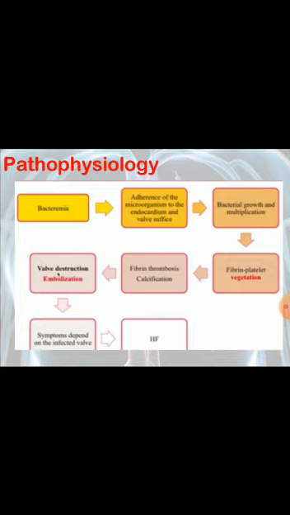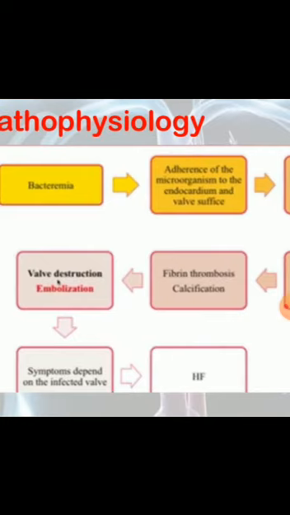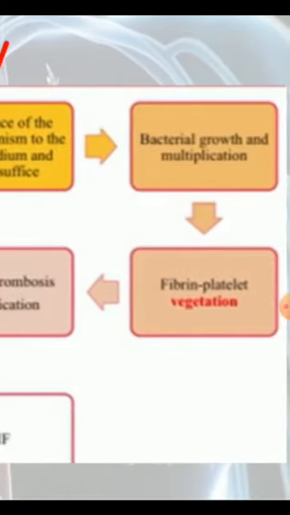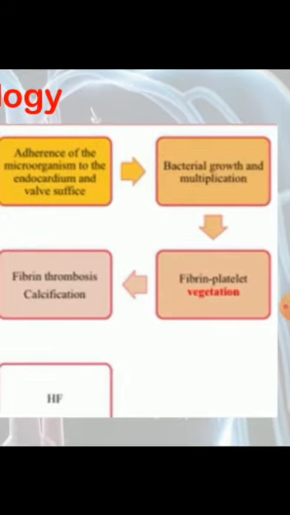When there is bacteremia, the microorganism present in the bloodstream adheres to the endocardium and the valve surface. This leads to bacterial growth and multiplication, which causes a fibrotic nodule or abnormal growth on the valve known as vegetations.